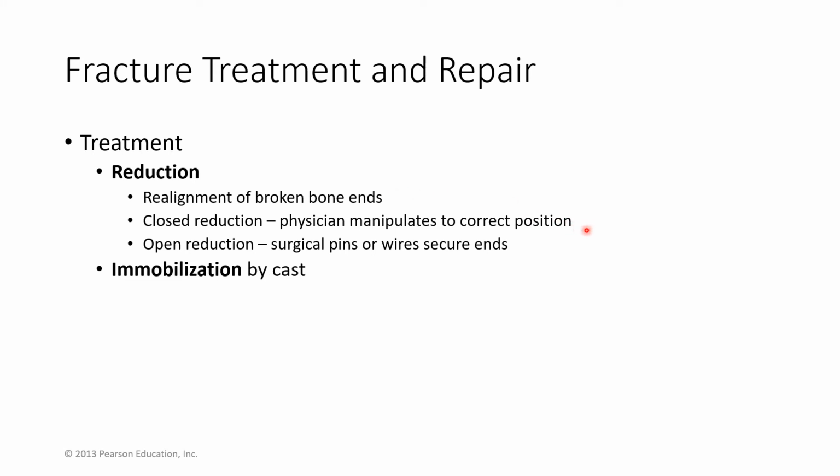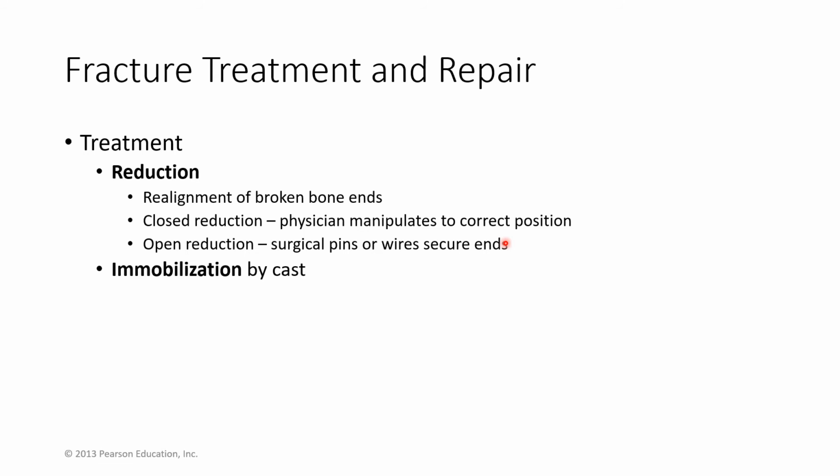So sometimes the physicians have to manipulate your broken bones to put them in the correct position, and we call that closed reduction. Sometimes what we refer to as open reduction is when the physicians are going to have to place some surgical pins and wires, and actually you will keep those pins and wires forever to secure your bones, especially if you've fractured your bones into so many little pieces.